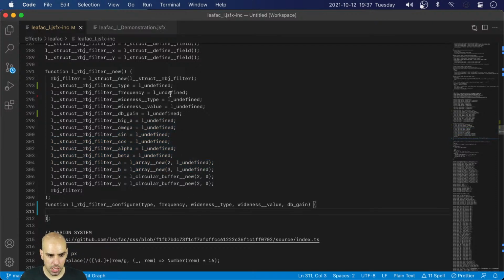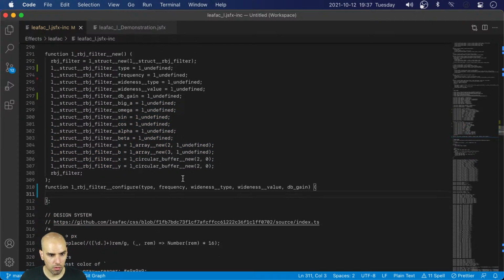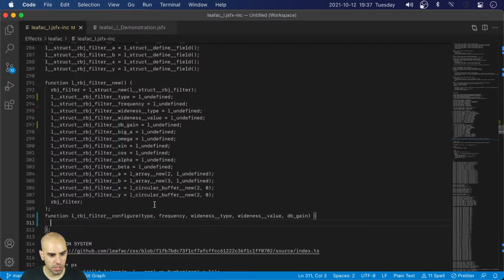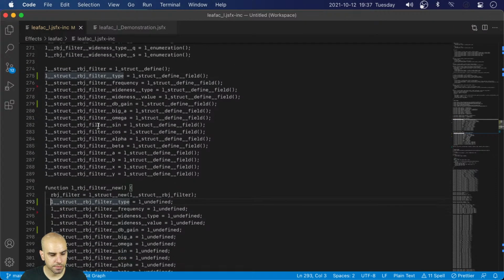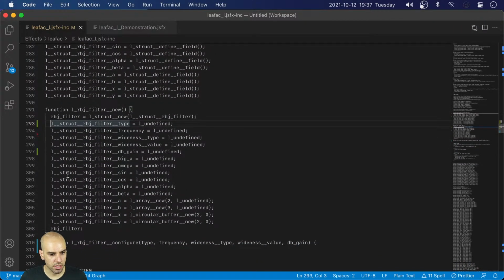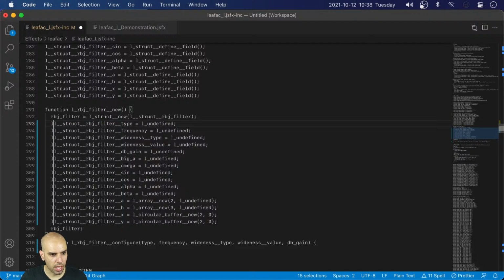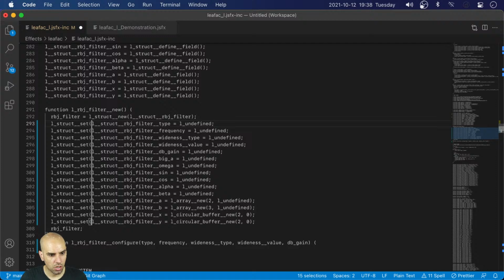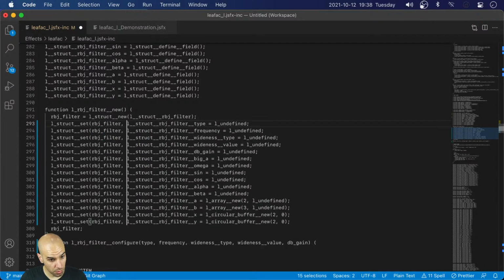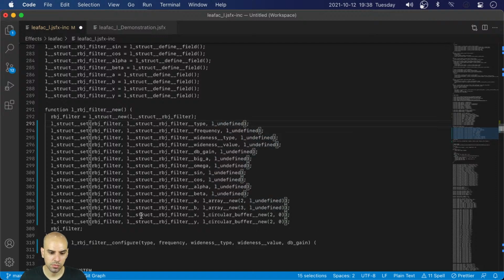Alrighty, so first thing is I want to store all of these fellows in their right location. So, oh, I am not doing this the right way, am I? I shouldn't be assigning it this way. What I should be doing instead is L struct set of Rbj filter on that field with that value.